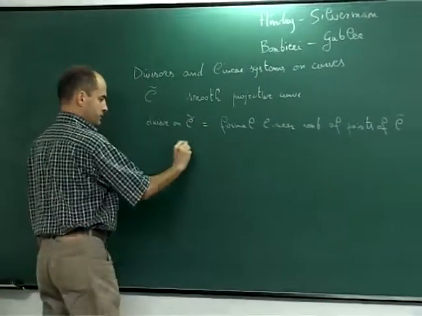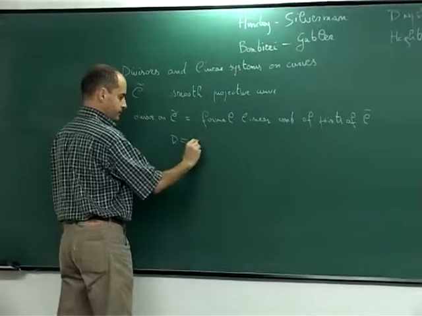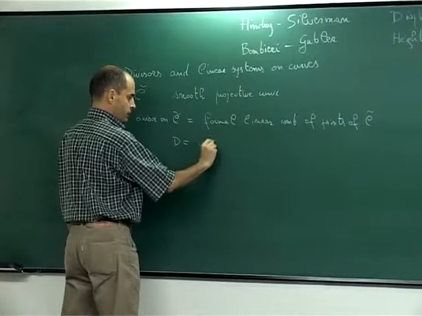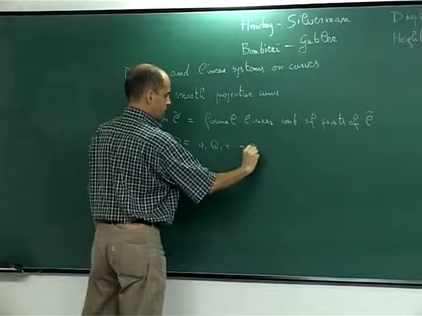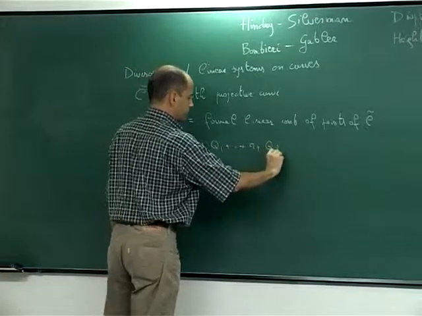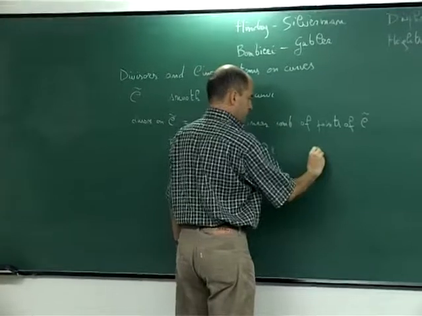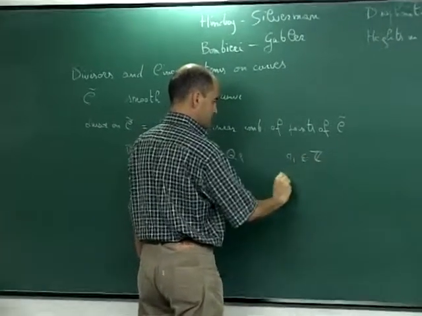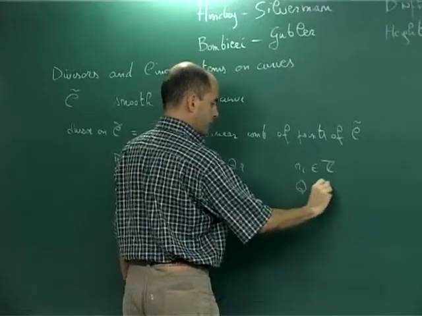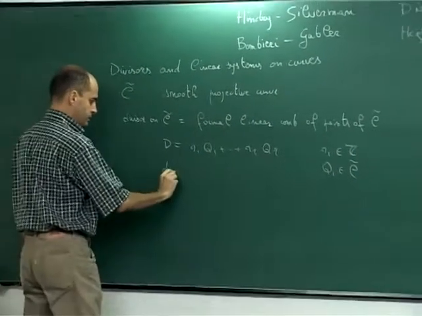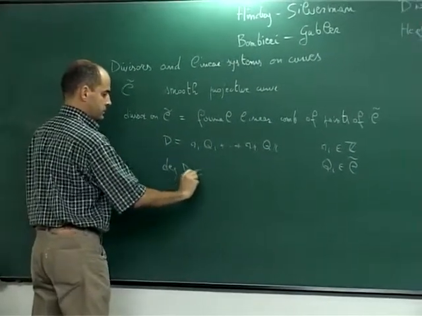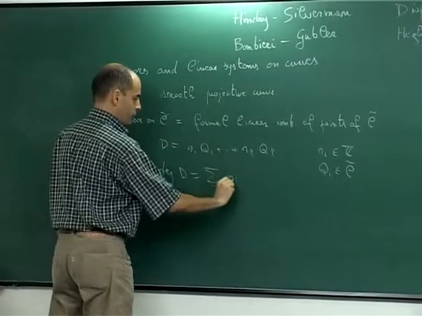So divisor D will be an expression like A1 Q1 plus ... plus AR QR, where the Ai are integers and the Qi are points of the curve. The degree of the divisor is the sum of the coefficients.